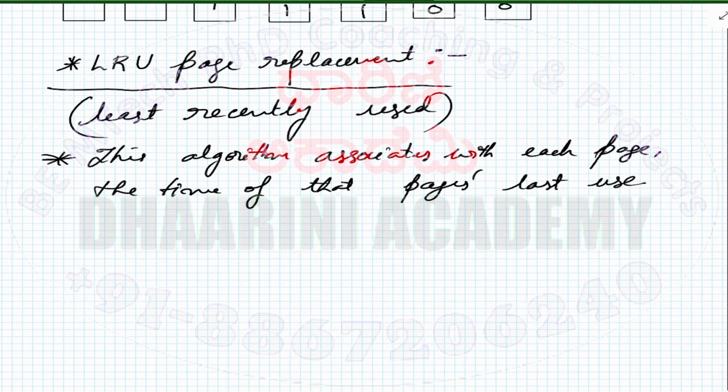Okay, when a page must be replaced, the LRU is going to choose the page that has not been used for the longest period of time. This is also pretty straightforward. You just have to check which is oldest.